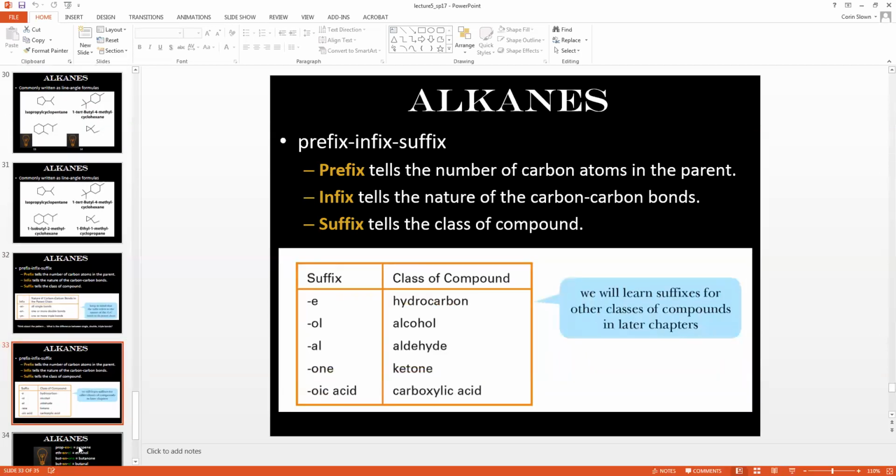So if we think about our suffix, e tells us hydrocarbon, ol tells us alcohol, al tells us aldehyde, one tells us ketone, and oic acid tells us carboxylic acid. So for example, let's break this down.